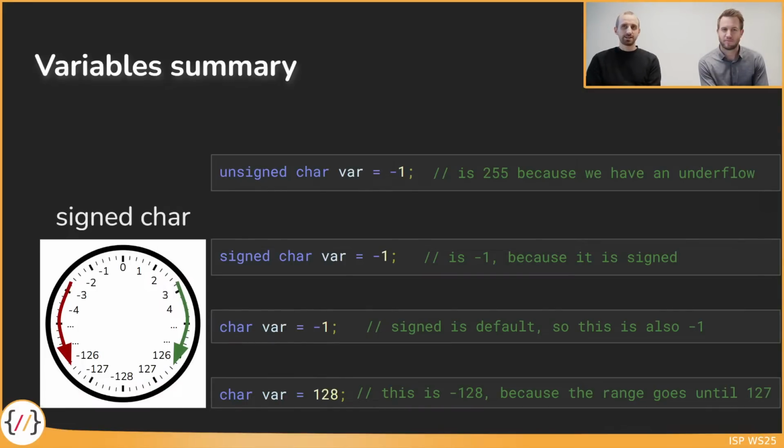Then it makes sense to use unsigned, because the age can never be negative and you lose half of your space if you use it signed. But in many cases, using a signed character or integer is okay.